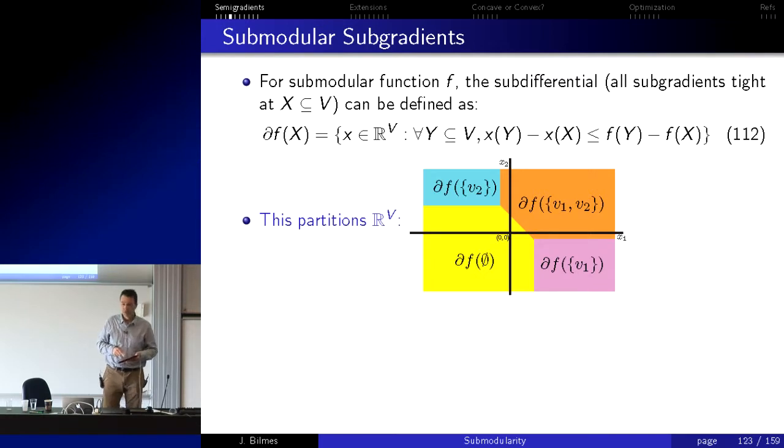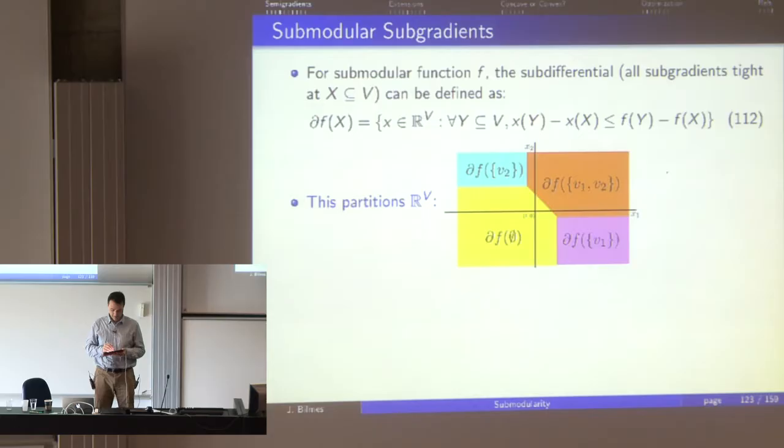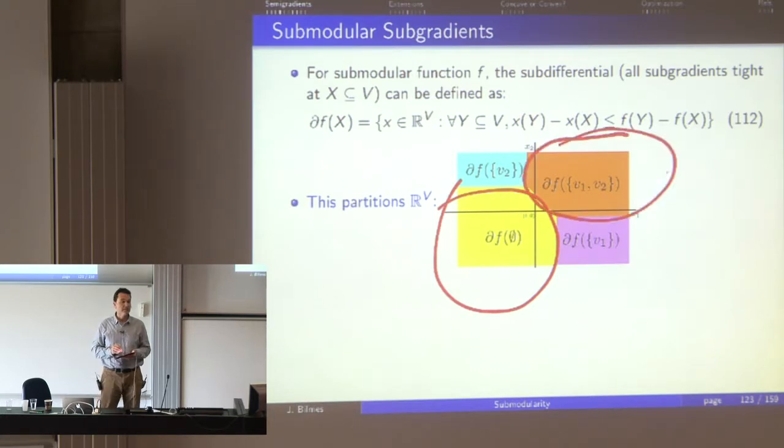And in fact, since we know that modular functions are basically points in Rn, you can partition Rn into these regions of subgradients. So here's the subgradients evaluated at the empty set, and here's the subgradients evaluated at the ground set, which in this case is just a ground set of size 2. So this is R2, but in general it partitions Rn into these blocks of subgradients.